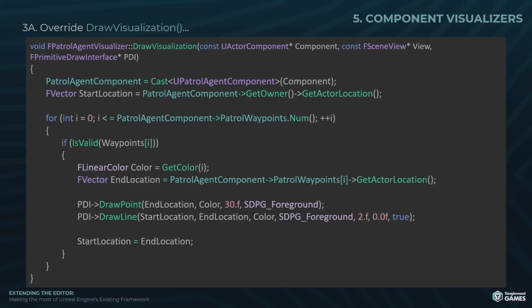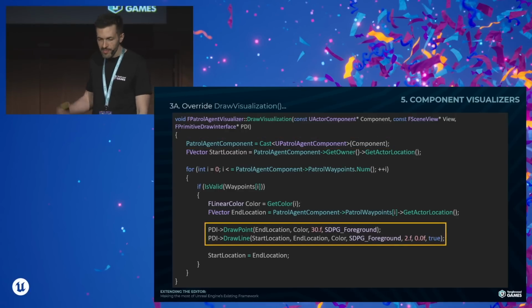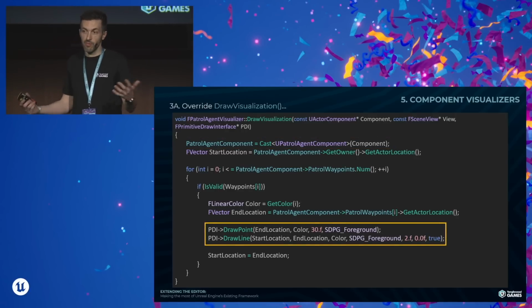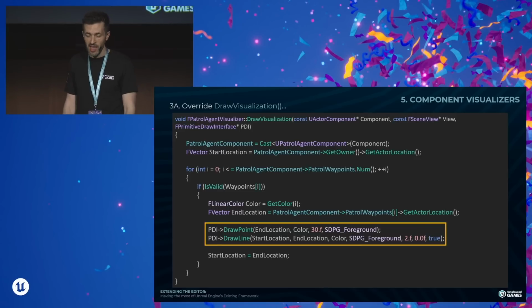The first one, well, this is what gives us access to all the functionality. We're going to store the components that we are dealing with, so we can use it in other places. And then for each of our points, we can just draw the actual point and a line to the previous point. There's a lot of functionality here where we can draw a lot of shapes.